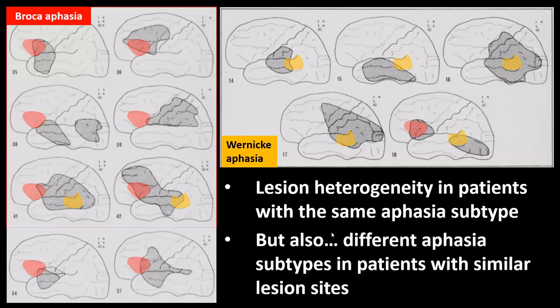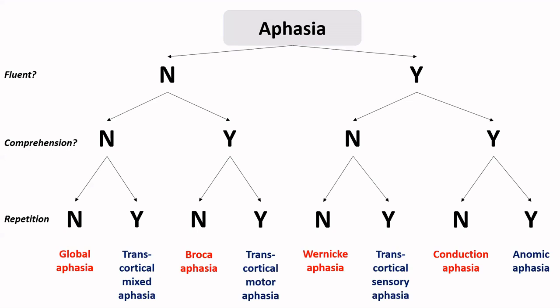But we also see that in patients with similar lesion sites, these can have different aphasia subtypes. So basically the model is flawed and cannot predict the aphasia subtype based on the lesion site or the other way around. It's the only explanation you can give here.